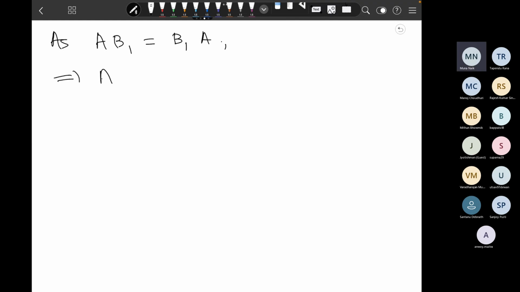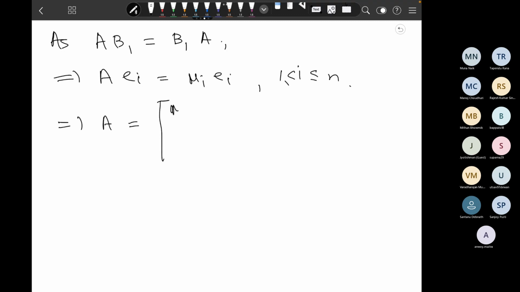Therefore, this implies A ei is equal to μi ei, for i equal to 1 to n. That implies A is equal to diag(μ1, μ2, ..., μn).